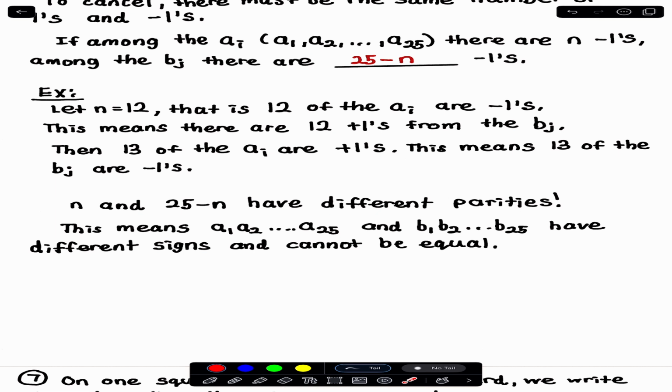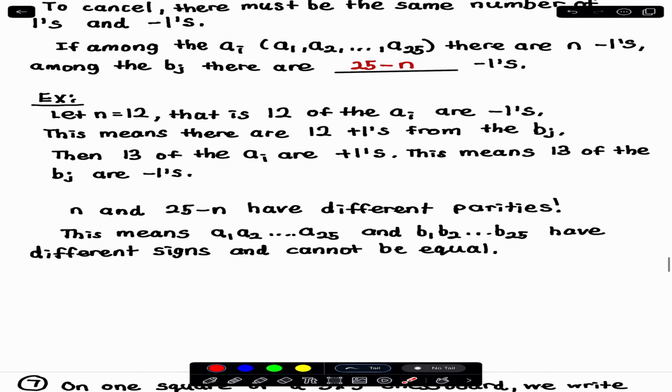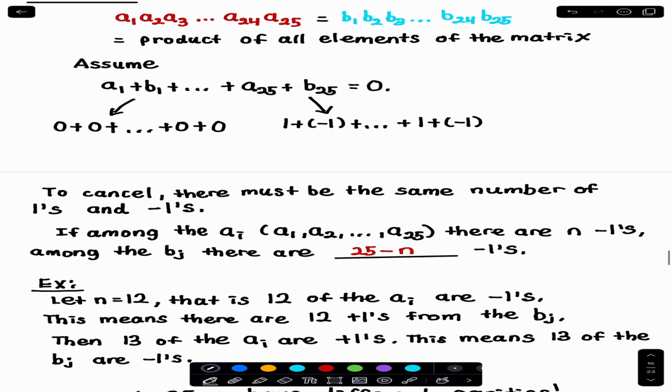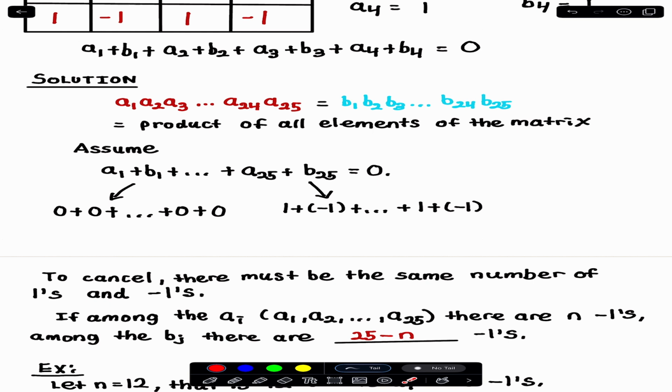But over here, with the Bj, it would be a different story. So we have 12 Bj. That product is positive 1 so far, but 13 negative ones for the rest of the Bj means the whole product is going to be equal to negative 1. Since 1 is clearly not equal to negative 1, they have different signs and they cannot be equal. But this is where we have a very big problem, because if you remember at the start of the solution, what did we say?